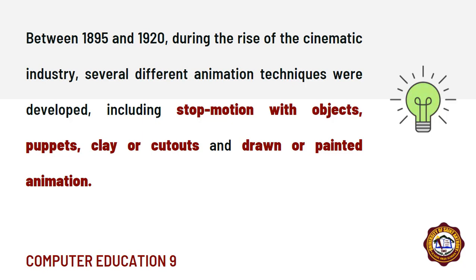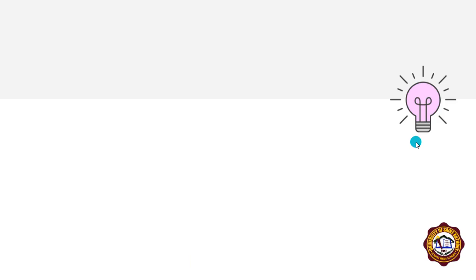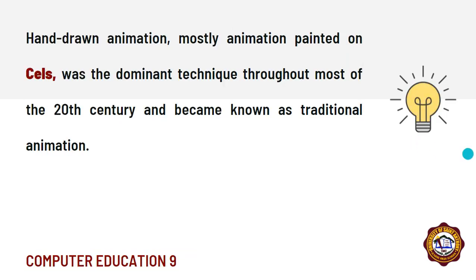So, syempre, gano'n naman talaga yung cycle, di ba? Bago mauso yung isang bagay, bago siya become fully developed, merong mga pioneering na nagpa-practice na nun hanggang sa ma-develop siya. So, also, yung hand-drawn animation, and mostly animation painted on cells was the dominant technique throughout most of the 20th century and became known as the traditional animation.